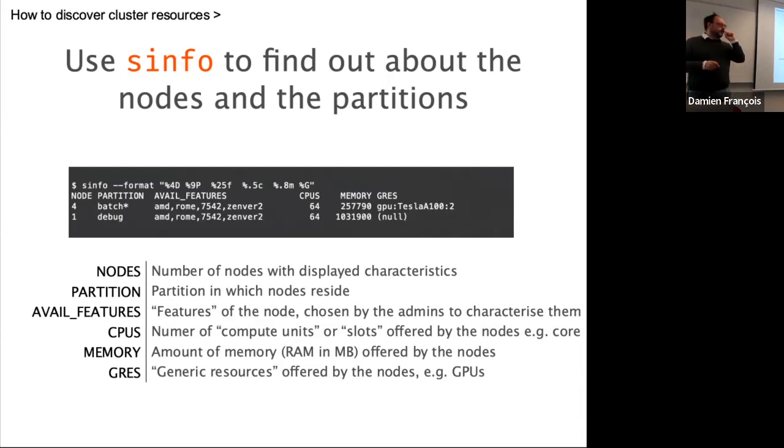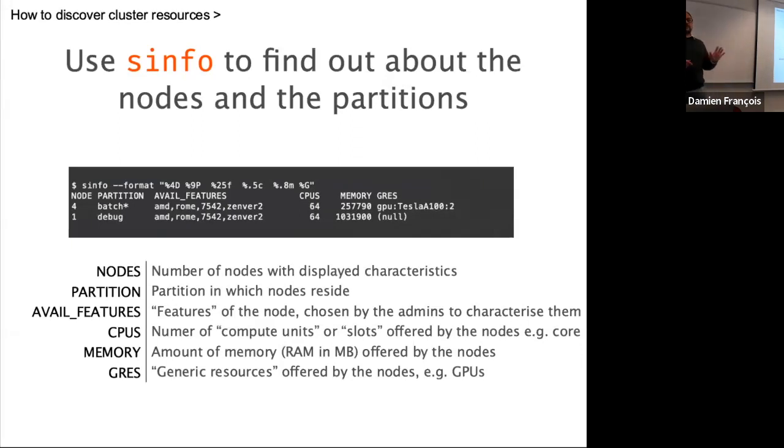So if you are in a cluster where there are multiple different versions of CPUs, maybe different vendors like Intel or AMD, or different generations of CPUs, most of the time the admins will have set up features like this to enable you to actually choose the CPU that you want.